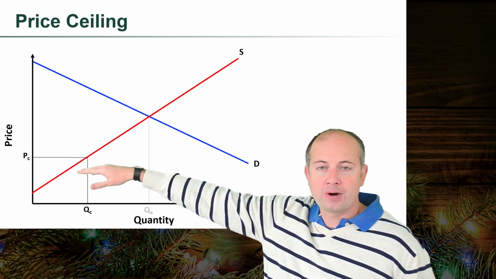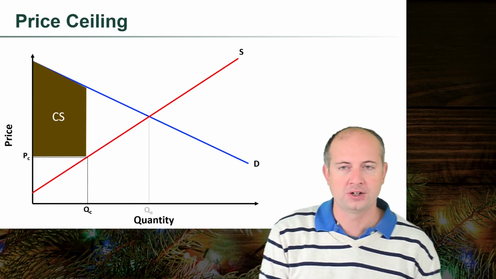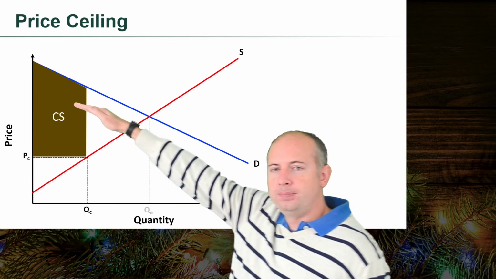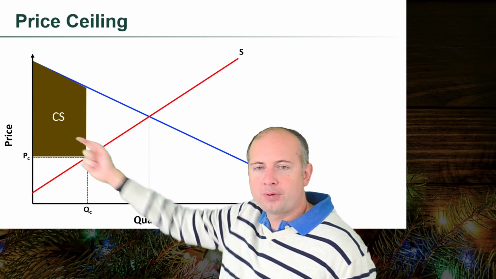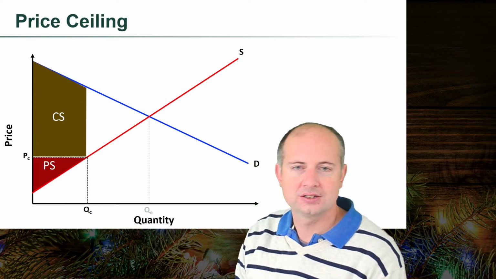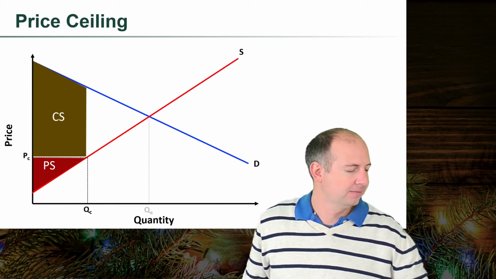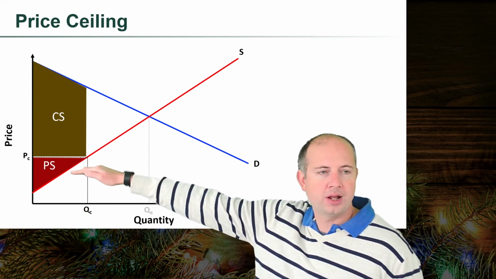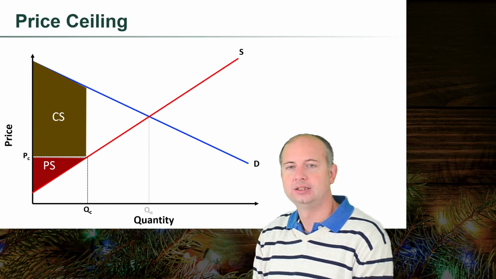Well, we actually just talked about this, right? What happens when the price is too low? What happens with surplus? Well, consumer surplus is the area below the demand curve above the price for all the units that are sold. Producer surplus is right here, everything above the supply curve below the price.